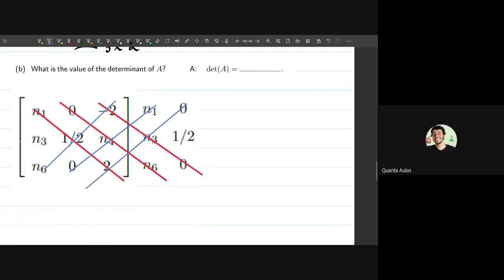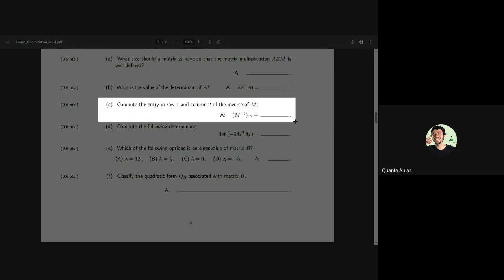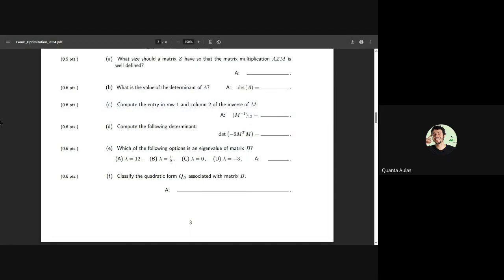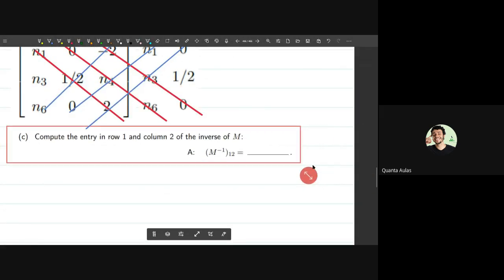Okay. Just a sec. Compute the entry in row 1 and column 2 of the inverse of M. You need to obtain the inverse of M. What's M?